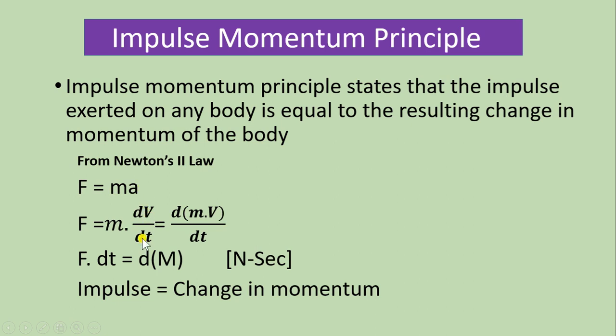Acceleration is dv by dt. So we can write d upon dt of m into v, that is mass into velocity. By rearranging the terms, we get on the left side F into dt, on the right side d of m v. So the left side is impulse and the right side is the change in momentum, that is Newton's second law.